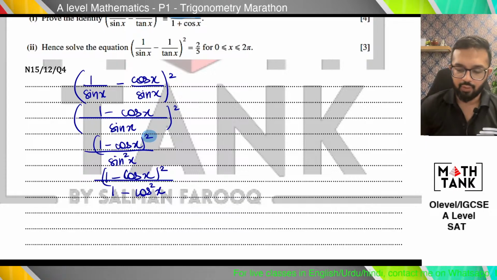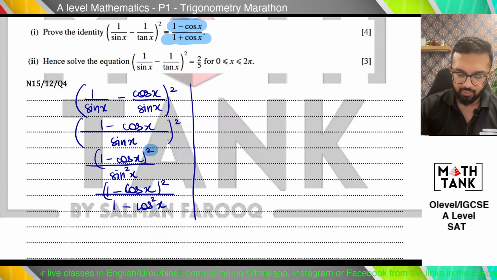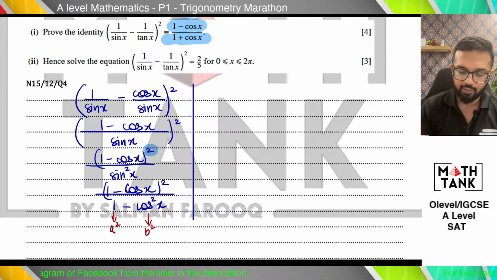Now, how do I get from 1 minus cos square x to 1 plus cos x in the denominator? What you need to remember is that there's a lot of algebra involved in these identities sometimes. Can you see that if this is a square and this is b square, I could possibly factorize this, because a square minus b square factorizes to what? It factorizes to a plus b and a minus b.